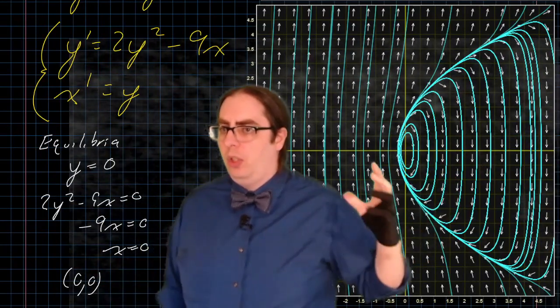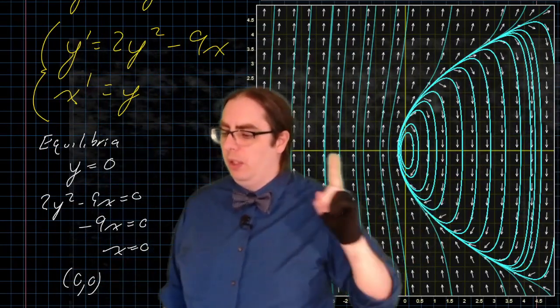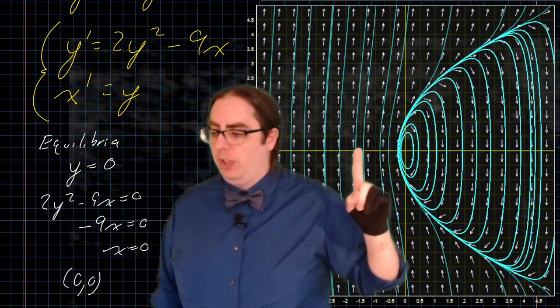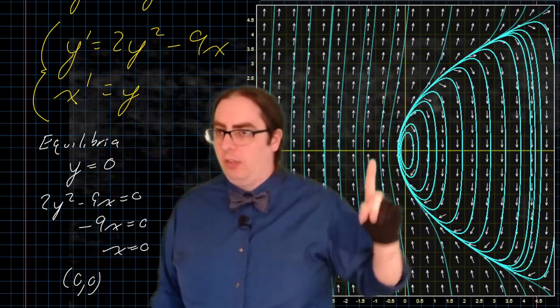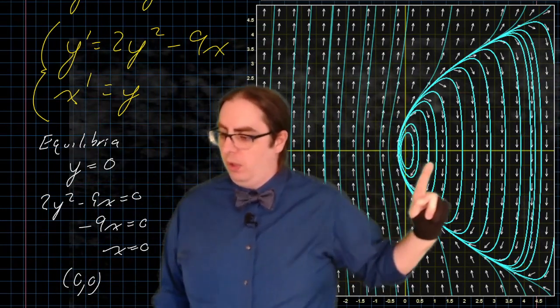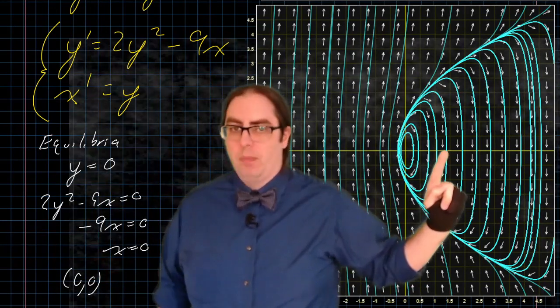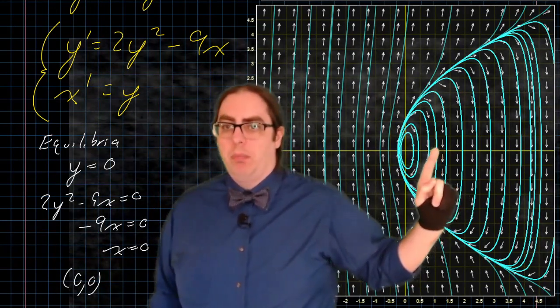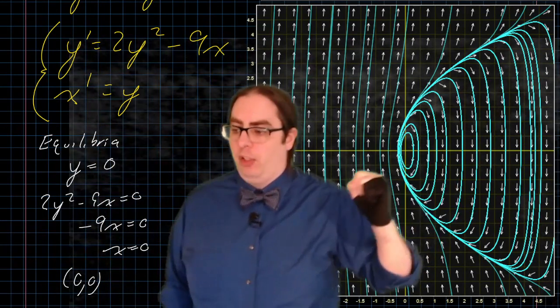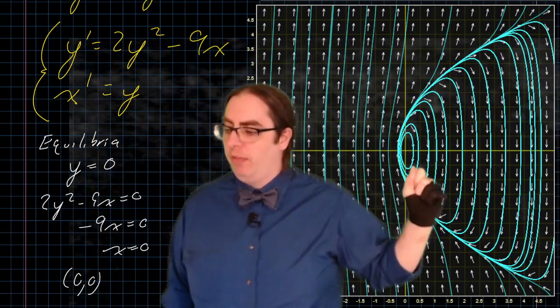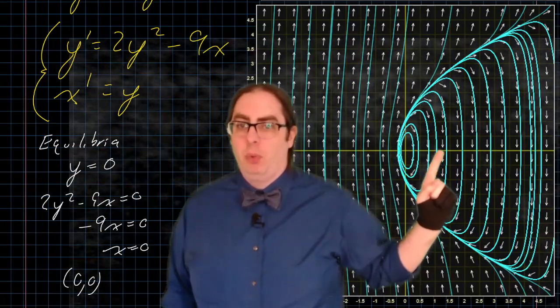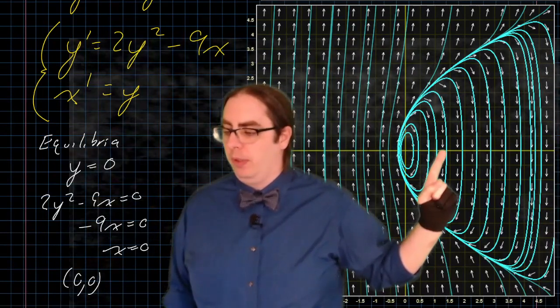Now, what do the variables mean? X is position, Y is velocity. So when we are over here, we are a mass on a spring that has been pulled away from the origin, pulled away from its equilibrium point.